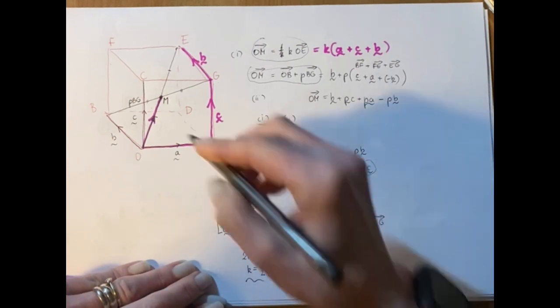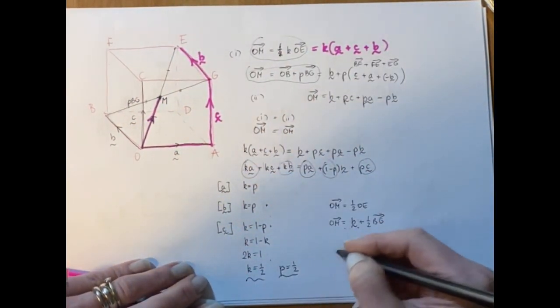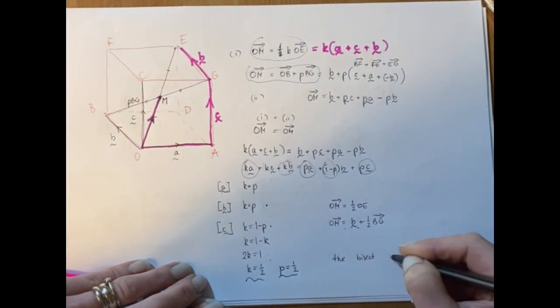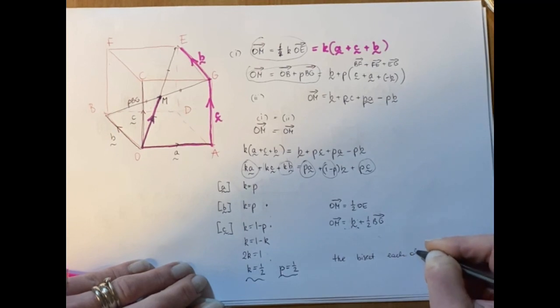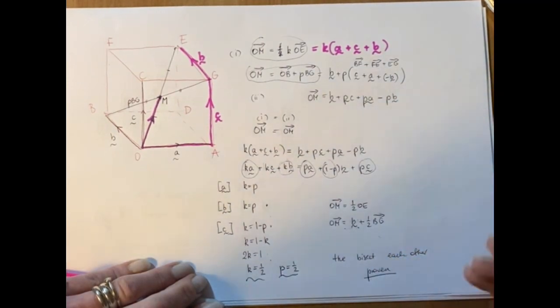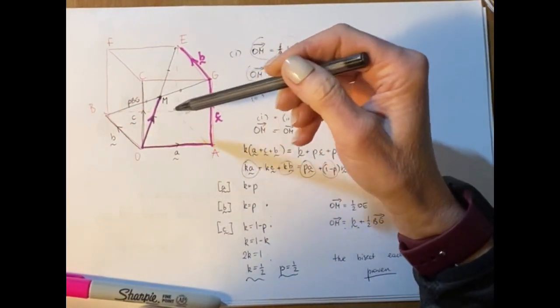So you go along B and you go to half of BG, so they bisect each other. Proven.